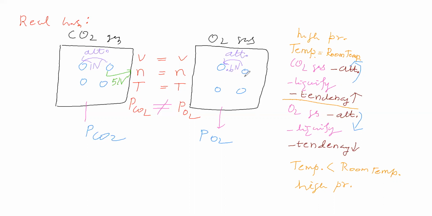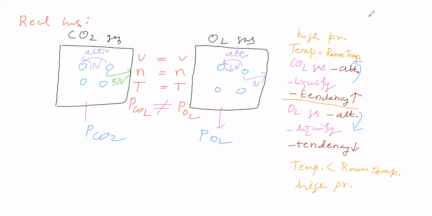Now this oxygen molecule is making collision over the wall of the vessel with what force? Do you think the same 5 Newton, or greater than 5 Newton, or less than 5 Newton? What do you say? Which force do you say?